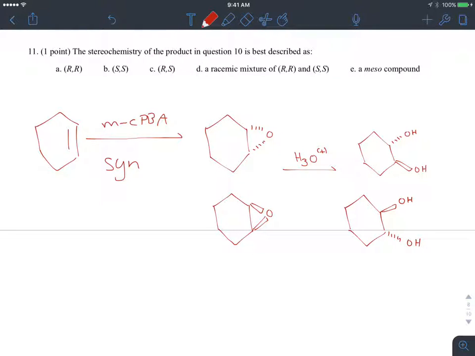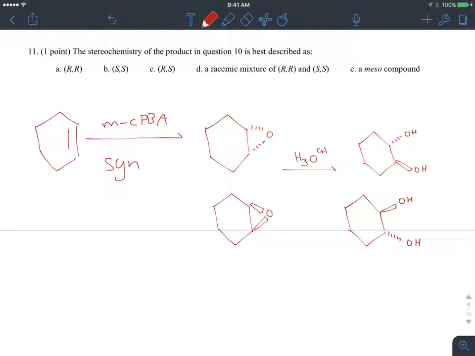The next step in that synthesis question was the acid catalyzed opening of the epoxide ring with hydrogen and water, which is essentially H3O plus as listed here. So that 50-50 mixture of the epoxides, which are both cis, are both going to be opened by the acid catalyzed reaction, and it's going to result in two different configurations for the anti-diols.